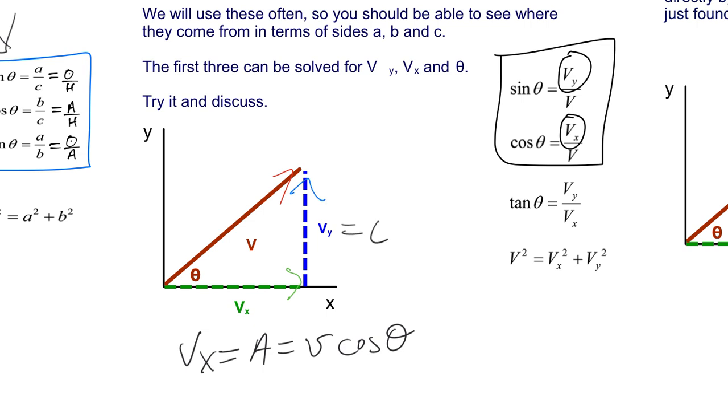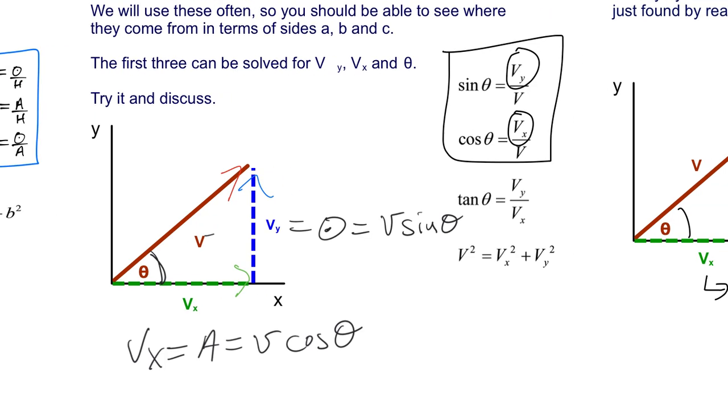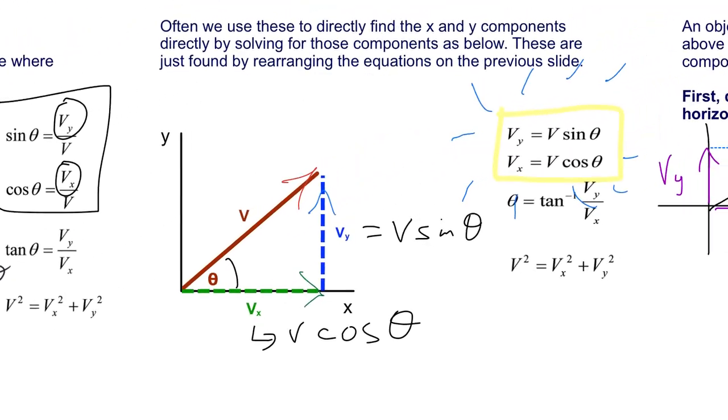Vy equals the opposite side always, if the angle of the resultant velocity is taken from the x-axis. You can do this. That'd be V sine of theta. Be sure you're on degrees on your calculator when you're doing this.